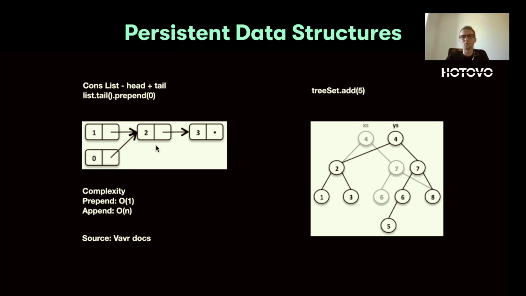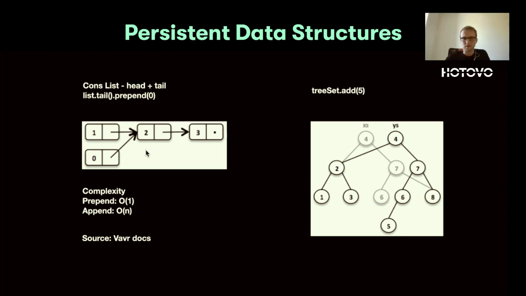So we don't have to copy every single element of this list, right? We would just prepend the first list with head 0 and a tail being a reference to this sublist, or a list starting with 2.